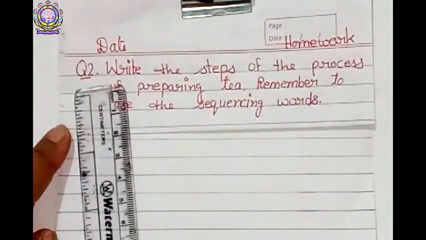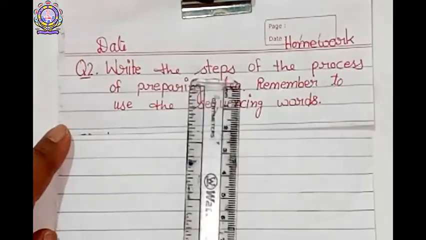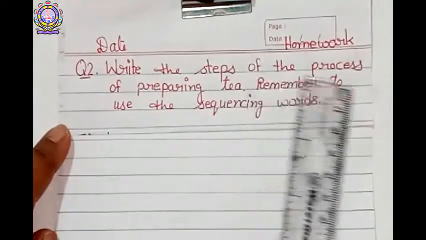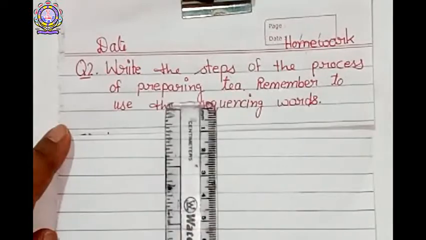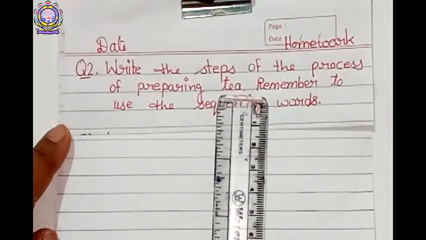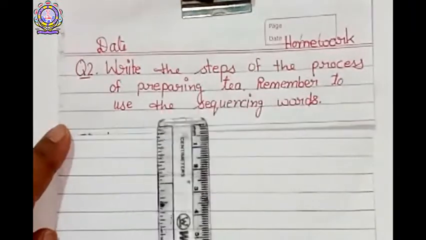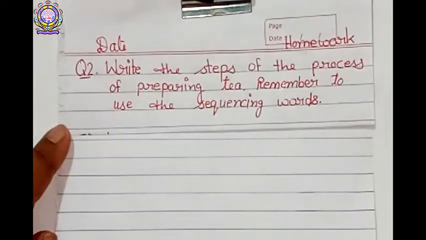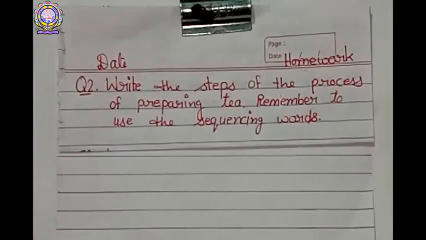Date, homework. Question number 2, write the steps of the process of preparing tea. Remember to use the sequencing words.